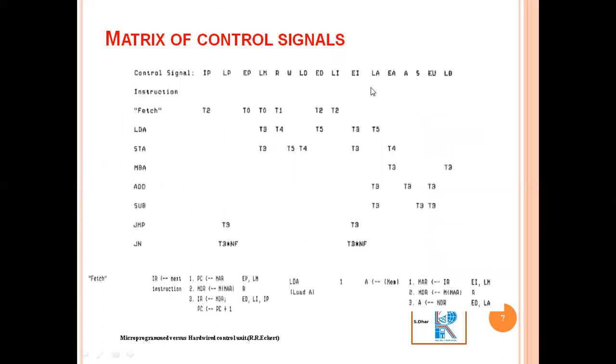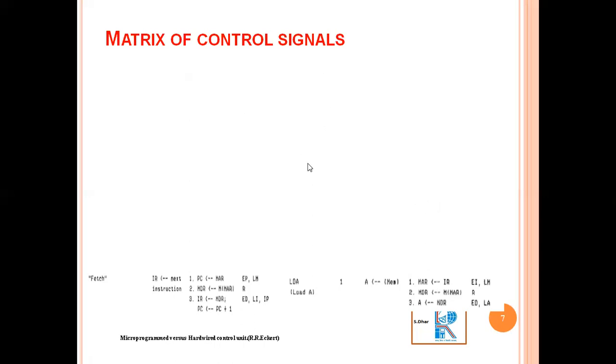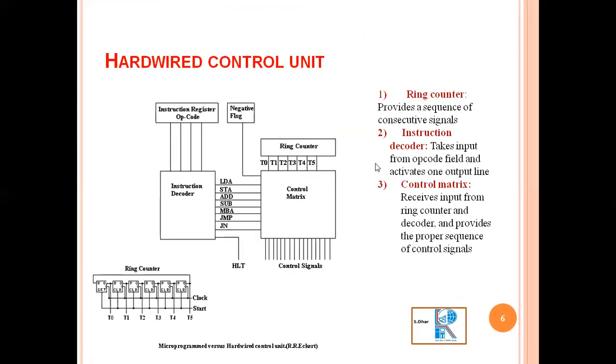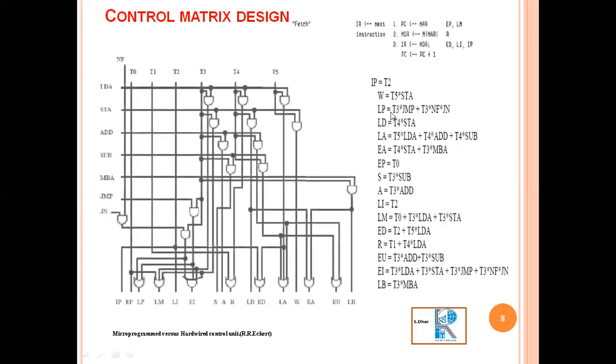Signal W is activated when time is T5 and the instruction is STA. That means when both are 1, W will be activated. So W is STA and T5. Clear?